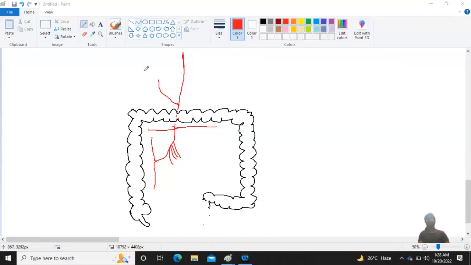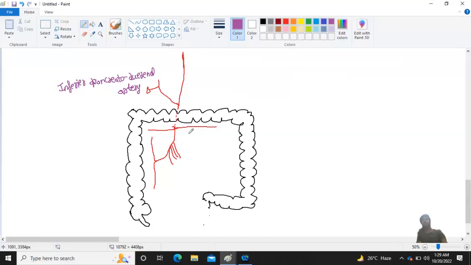This inferior pancreatoduodenal artery divides into anterior and posterior and anastomoses with the superior branches of the pancreatoduodenal artery. We can write this is the inferior pancreatoduodenal artery, which divides into anterior and posterior.